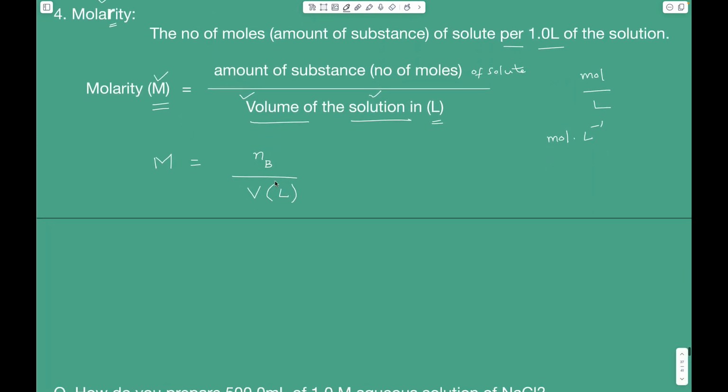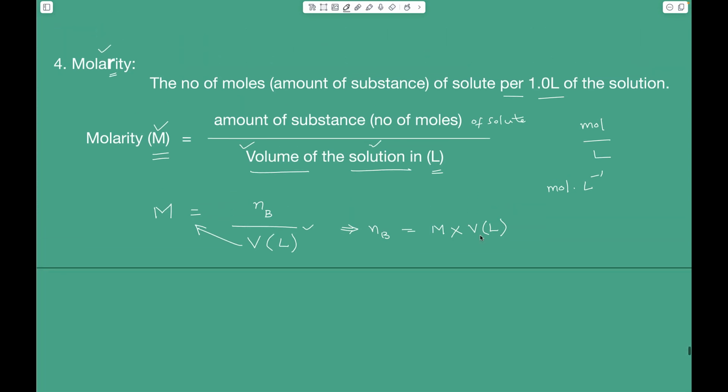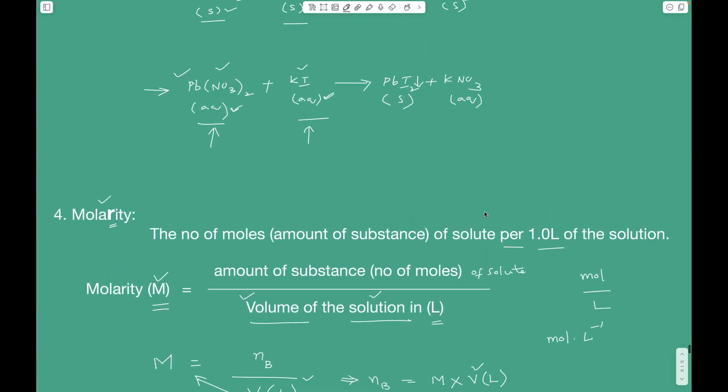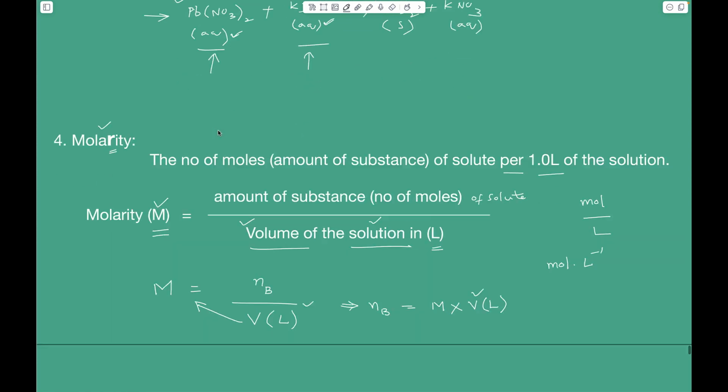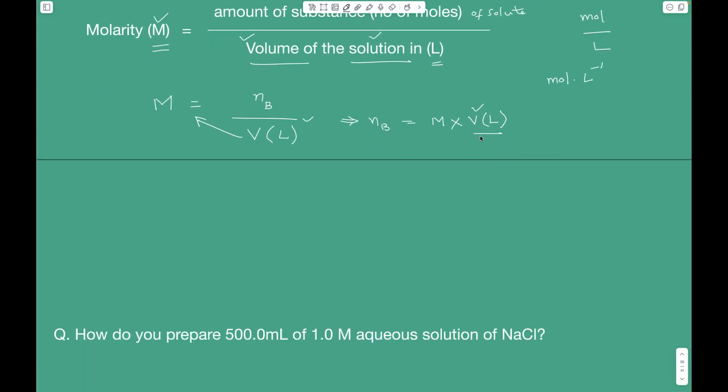Simple. Look at this expression. To get the number of moles of solute, you have to simply take this volume to the other side, then it becomes the product of the molarity of the solution and the volume of the solution in liters. And I can easily measure the volume of the solution I have taken for the reaction in the laboratory. This is not a big deal.